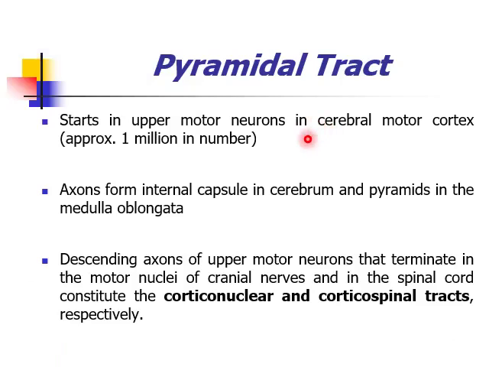The pyramidal tract starts in the upper motor neurons in the cerebral cortex, with approximately up to 1 million neurons in number. The axons form the internal capsule in the cerebrum, inside the cerebral hemispheres, and the pyramids inside the medulla oblongata. The descending axons of the upper motor neuron that terminate in the motor nuclei of the cranial nerves and the spinal cord constitute the corticonuclear and corticospinal tracts, as we earlier mentioned.